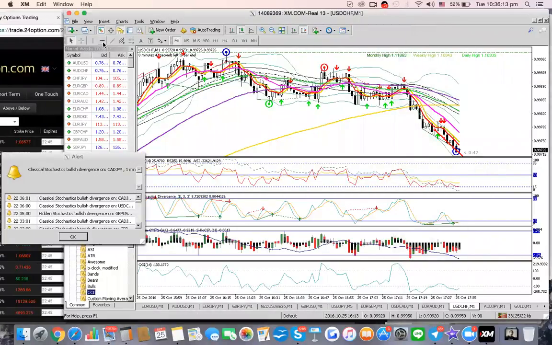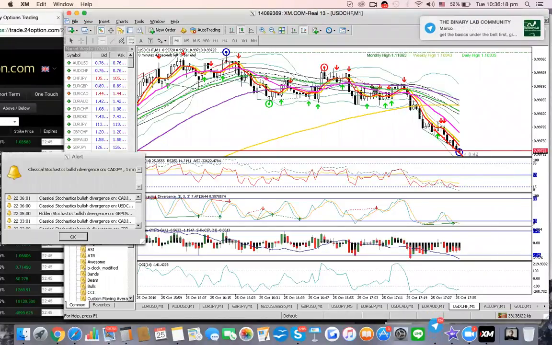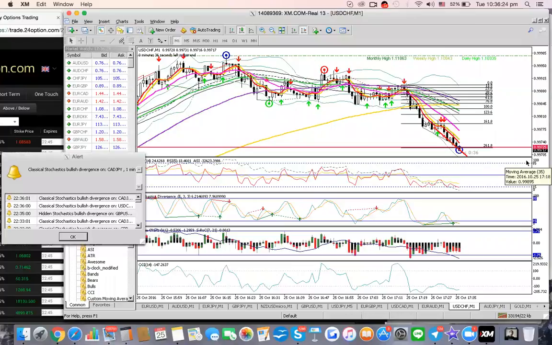That's my entry. This is also the time where I usually start to put in Fibs and other studies to see whether we've got the right price. Yeah, that's 161.8%. That should do nicely.